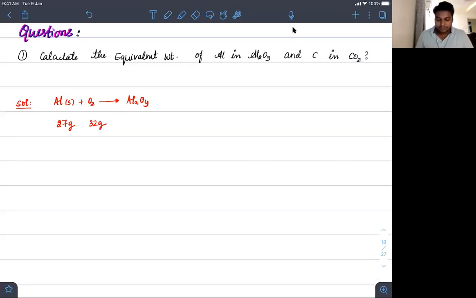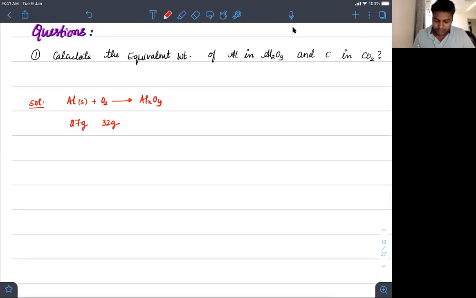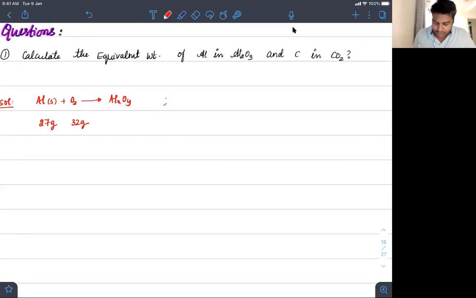So we know the weight of metal and the weight of oxygen. From here I can simply write number of equivalents of aluminium is equal to number of equivalents of O2, that is, weight of aluminium divided by equivalent weight of aluminium is equal to weight of oxygen divided by equivalent weight of oxygen.